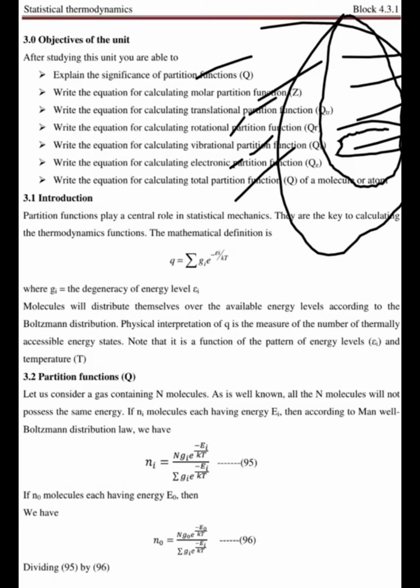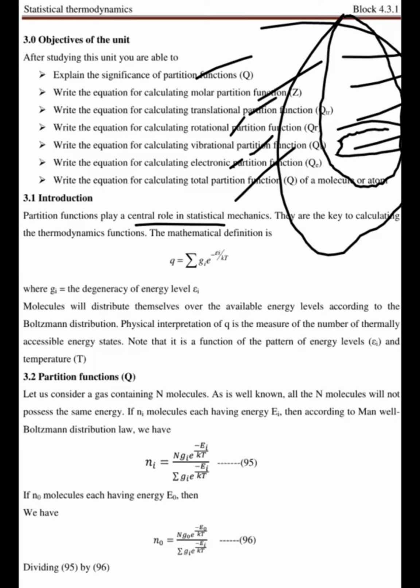So you should know what the partition function is here. It is the ratio of the total number of particles to the number of particles in the ground state. It plays a very important role in statistical mechanics, and is the key to calculating the thermodynamic functions.